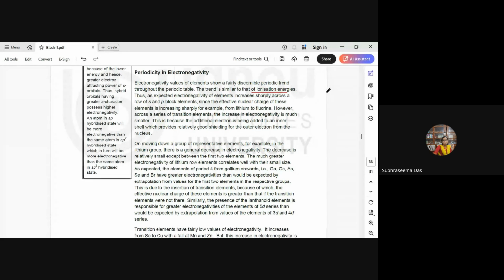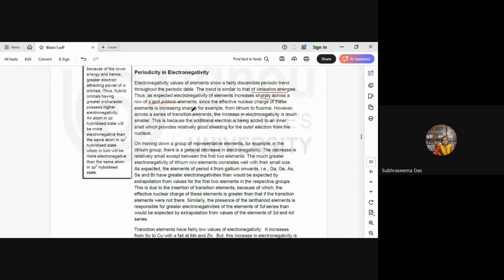As expected, the electronegativity of the elements increases sharply across the rows of the s and p block elements, because the effective nuclear charge of these elements increases sharply. When we move from lithium to fluorine, the effective nuclear charge increases very sharply. That is why the electronegativity also increases.